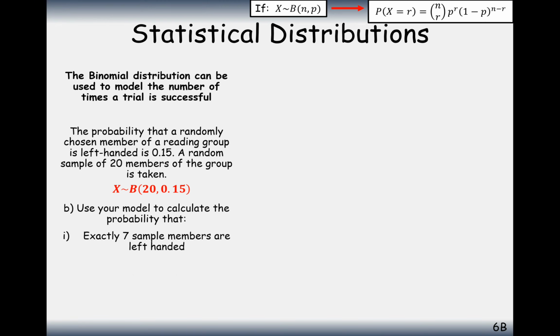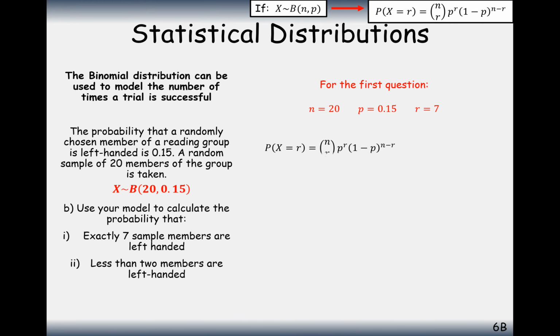Okay, let's use this probability to now work out a few questions here. So the first question is exactly 7 members of the sample are left-handed. So here we've got 20 as our n value, p is our 0.15 value, and the number of successes we want is 7. So substitute that into your formula, and we want 7 successes, so we need to do 20 choose 7.